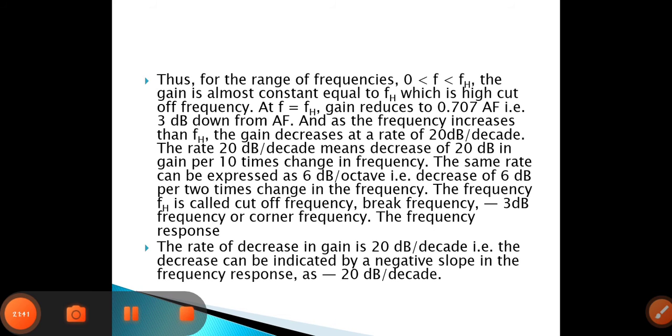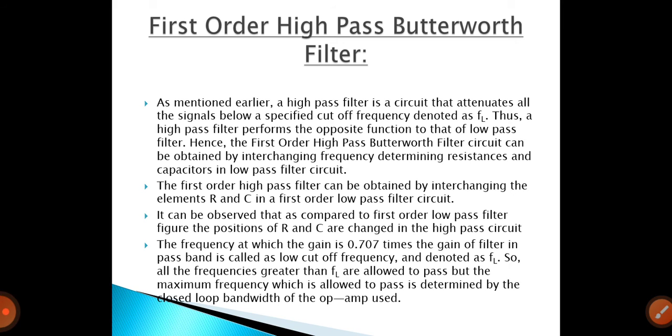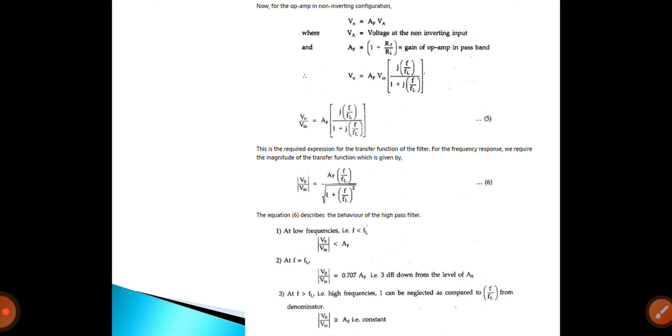Next is the first order high pass Butterworth filter. Yes, this is also a derivation if you have that one.